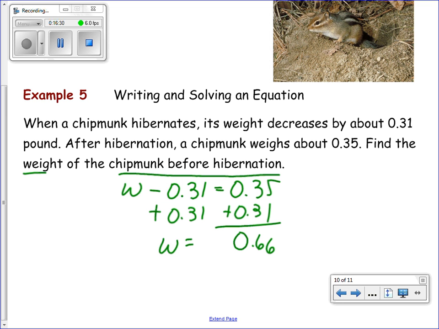And his weight is going to be 0.66 pounds before hibernation. Again, when you're having a word problem, you need a word in your answer, and you also need to write and solve out a problem for the correct answer.